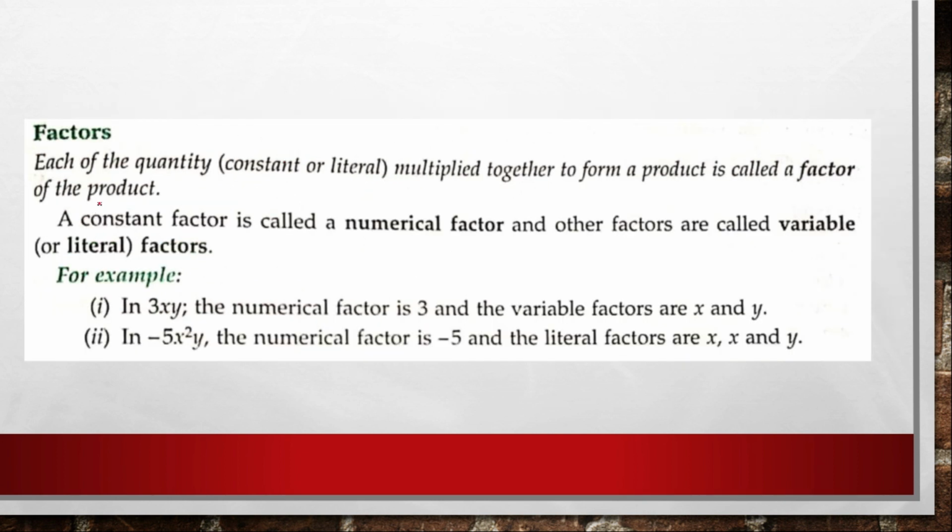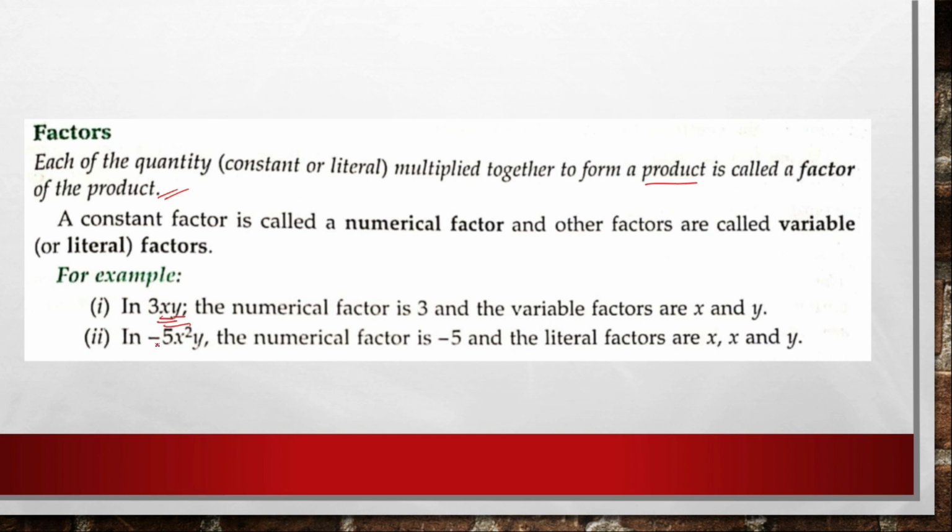Factors. Each of the quantities, constants or literals, multiplied together to form a product is called a factor of the product. A constant factor is called a numeral factor, and other factors are called variable factors. For example, in 3xy, the numeral factor is 3 and the variable factors are x and y.